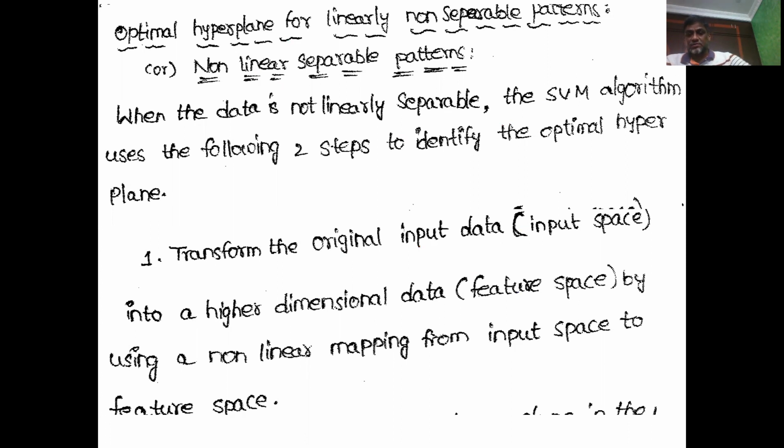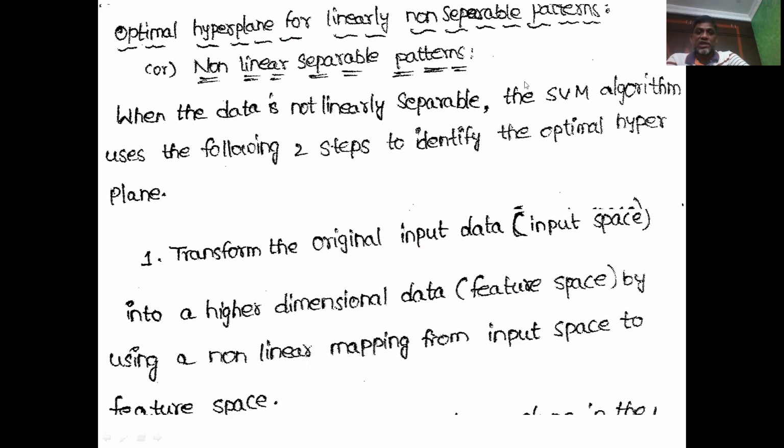That means if the given set of input patterns are not linearly separable, then you can use nonlinear SVM for that problem scenario. This is just the opposite of the linear SVM. Whenever we cannot use a linear SVM, we go for nonlinear SVM.